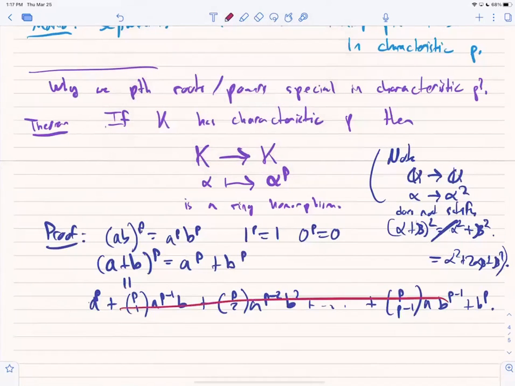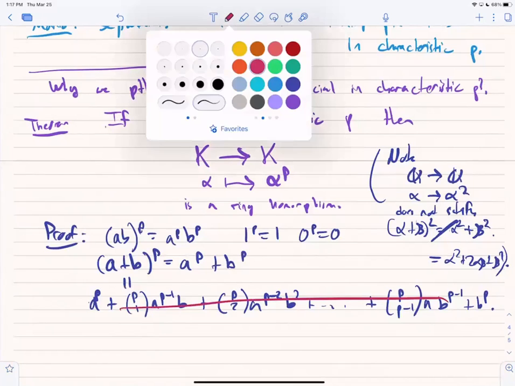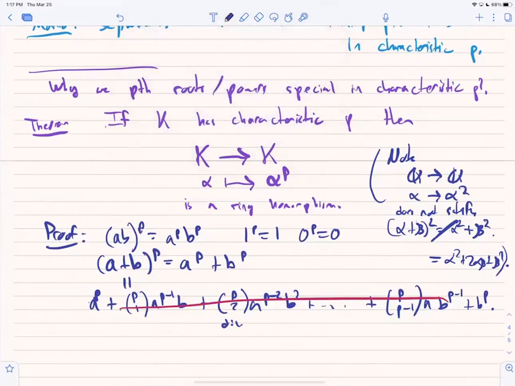Then all of the middle terms go away because they're divisible by p. Just like in characteristic 2, when I expand alpha plus beta squared, the middle term, 2 times alpha beta, is just 0.